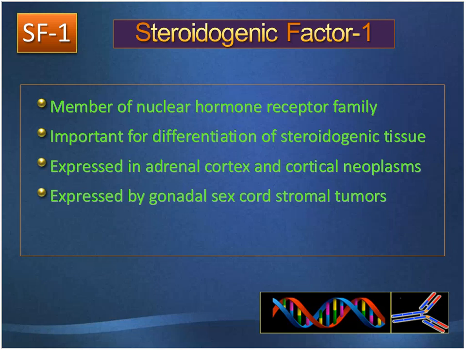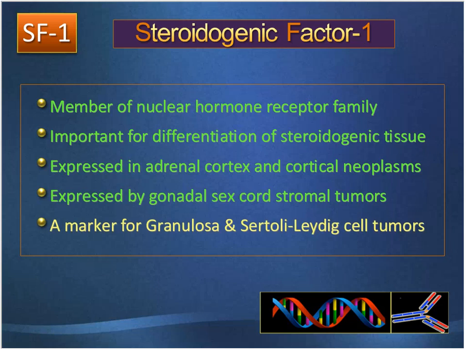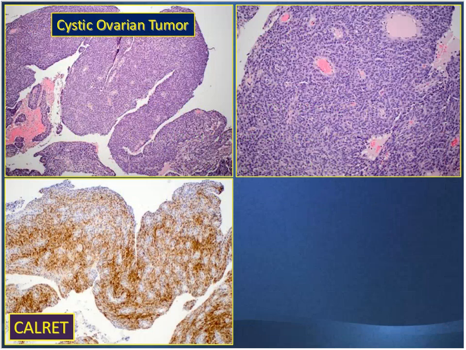Where it is most helpful is actually in some of the granulosa and Sertoli-Leydig cell tumors with unusual morphology, which may or may not stain for the common markers such as inhibin and calretinin.